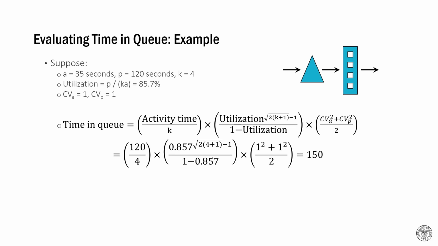We find that WQ equals 120 divided by 4 multiplied by 0.857 to the power of square root 2 times 4 plus 1, minus 1, all over 1 minus 0.857, times 1 squared and 1 squared over 2, equals 150 seconds.